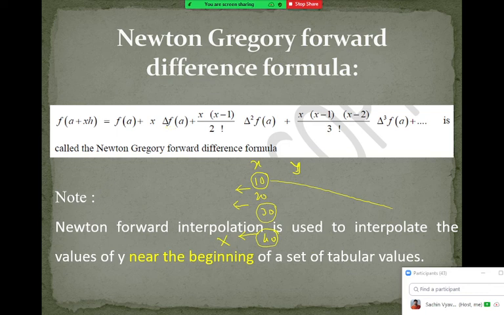That gives only two terms. When we take fewer terms, the accuracy will not be more. We'll discuss all these things with an example, then it becomes more clear. But right now, just remember the forward interpolation formula is mainly used to predict the value of a function at the beginning of the data.